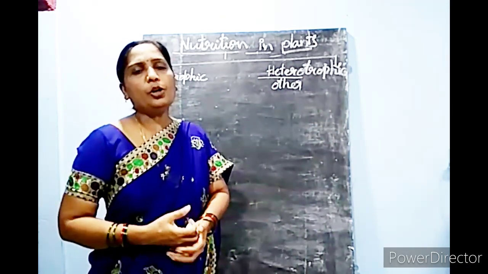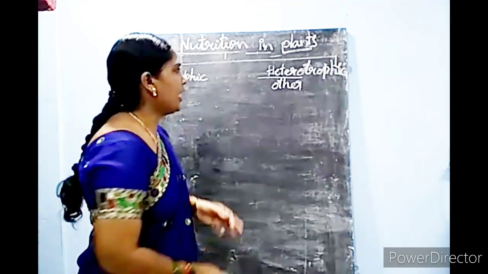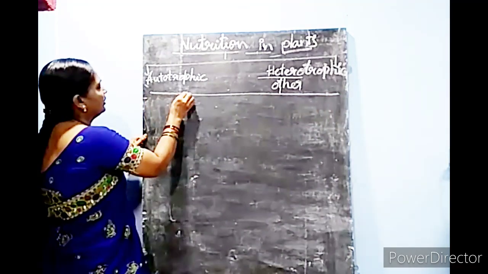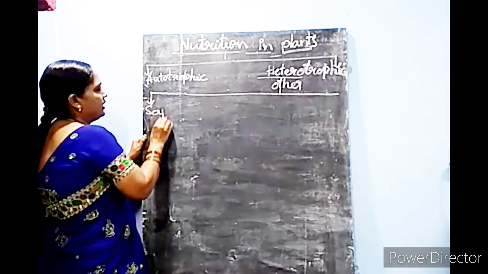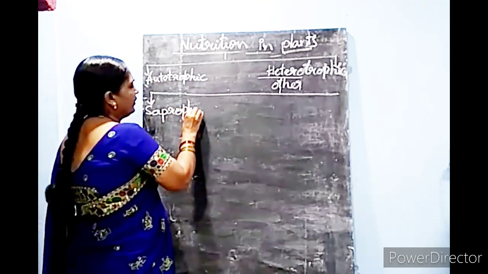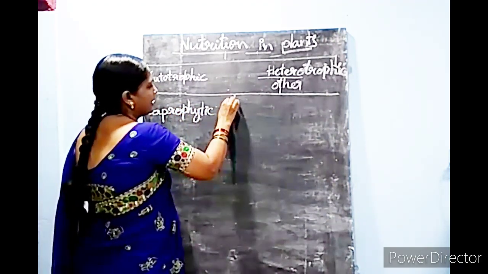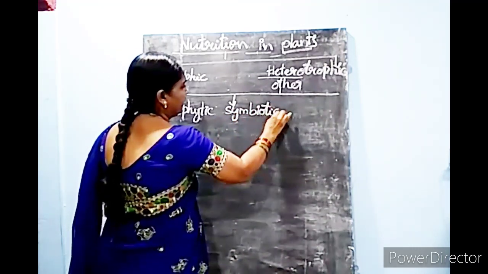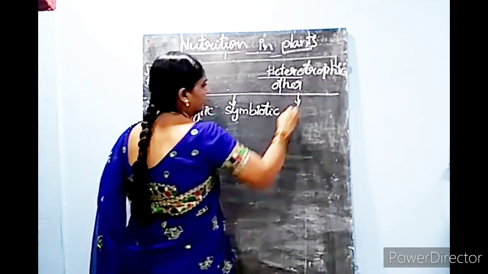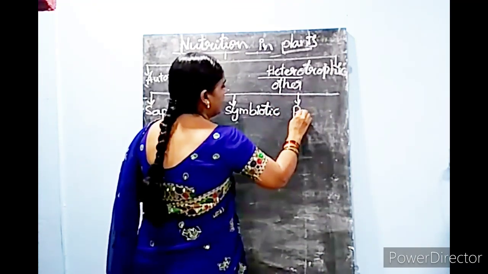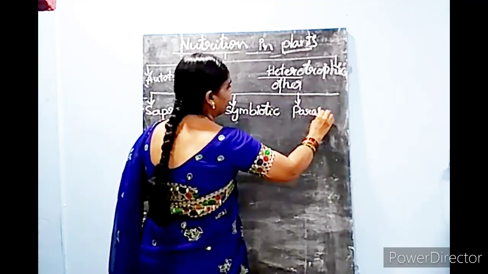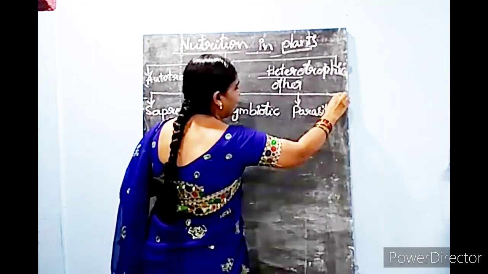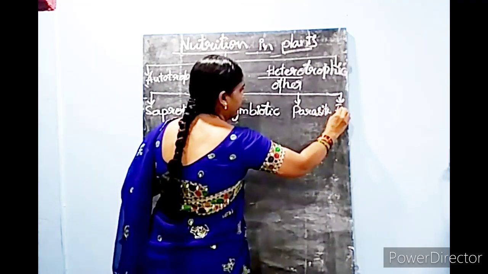Heterotrophic plants are of four types again. They are saprophytic, symbiotic, parasitic and insectivorous.